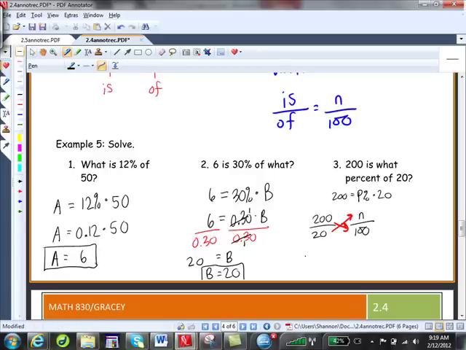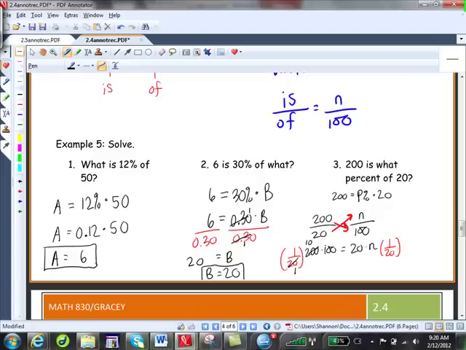So you're going to get 200 times 100 is equal to 20 times n. And then if you were to multiply both sides by 1 over 20, which is equivalent, remember, to dividing by 20. I purposely didn't combine these because I saw that 20 goes into itself once. 20 is going to go into 200 10 times.